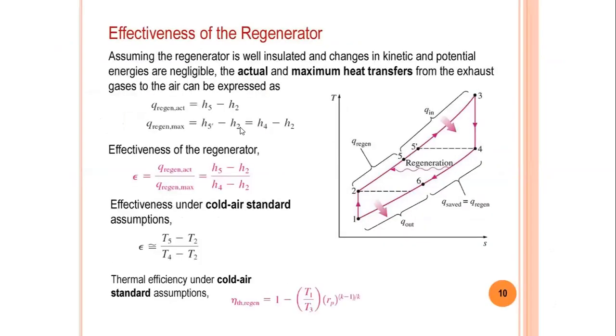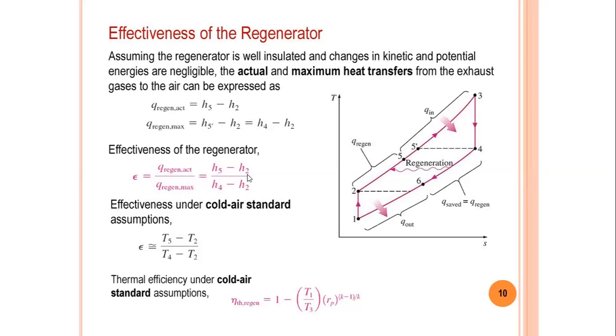So we are basically concerned about this effectiveness. How do we define it? The effectiveness is defined as the actual heat transfer to the ideal or maximum possible heat transfer. That captures the efficiency of the regenerator. If it is 100% efficient, we don't use the term efficient, we use the term effective. If it is 100% effective, then the actual heat transfer would be equal to the maximum heat transfer.